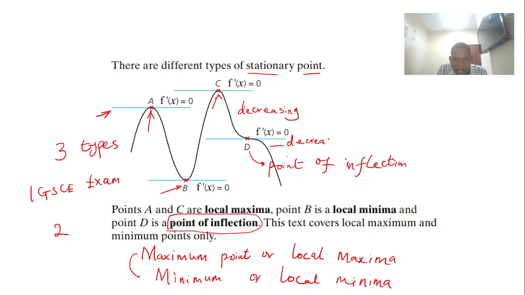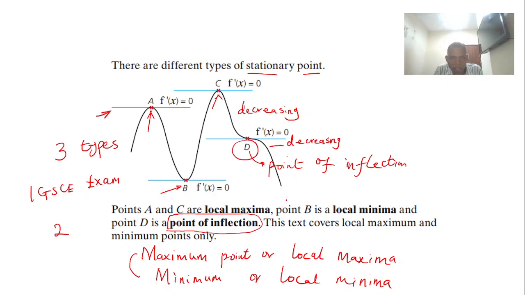So a point of inflection is a point where, before point D, the gradient was decreasing, and after point D your gradient is still decreasing. If I have a point in which your gradient was decreasing before and is still decreasing after that point, that point is called the point of inflection.